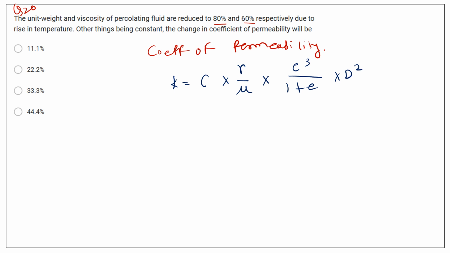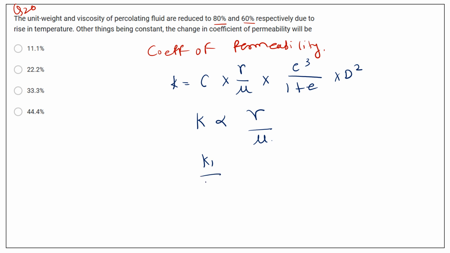So here e is the void ratio, D is the effective size of soil particles, gamma is the unit weight of the fluid, mu is the viscosity, and C is the constant. All the other parameters are constant, only the unit weight and viscosity change. So here we take K is directly proportional to gamma by mu.